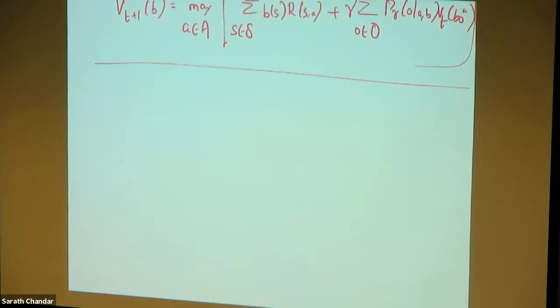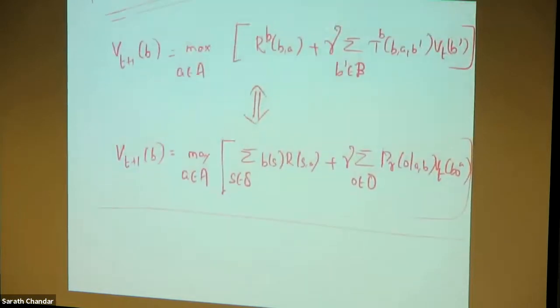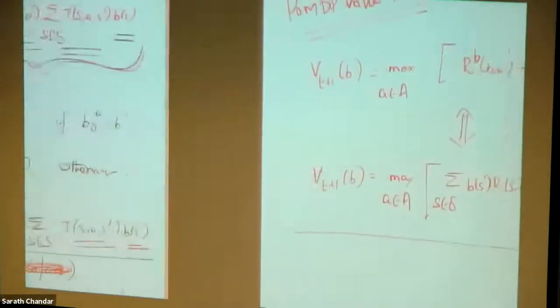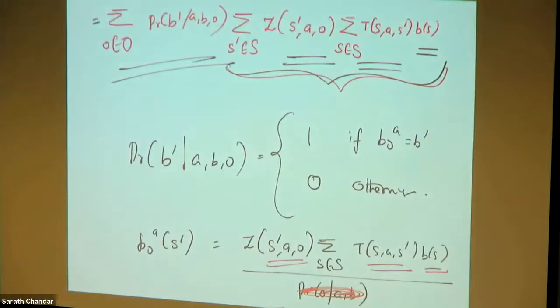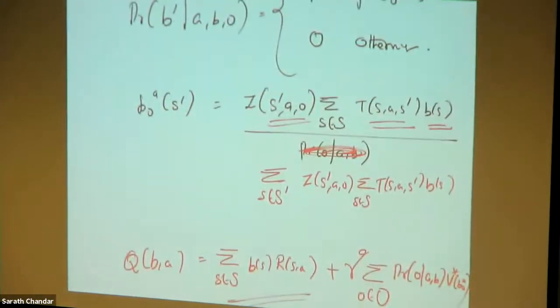Now I did not really talk about how to learn these components. You can have neural networks learning the belief state or learning the transition of the beliefs and so on. The problem with belief states is that often you have this denominator, the normalizing constant, which is actually very difficult to compute.